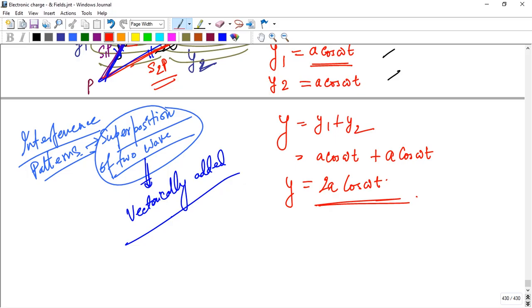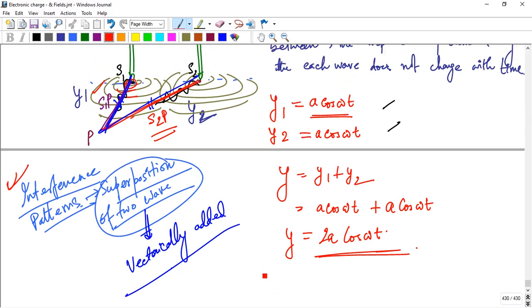So that's the concept. When two waves interfere, sometimes they match, so the amplitude is added, and sometimes the amplitude is zero. Here the amplitude relates to the intensity of the wave.